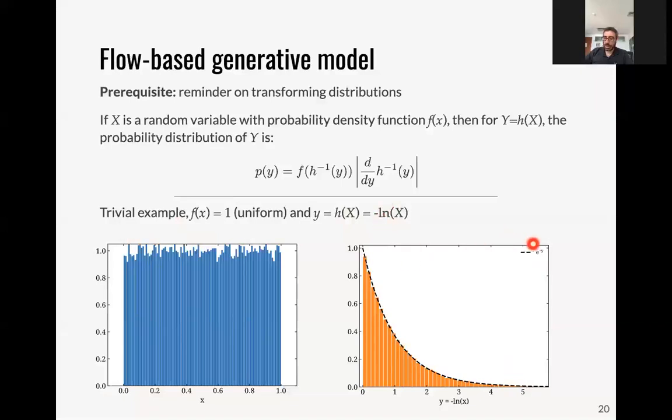So the y's are distributed as e to the minus y, because to invert h, it's related to the inverse of h and the derivative of the inverse of this function with respect to the transformed variable. Okay, so that's how we transform probability distributions.